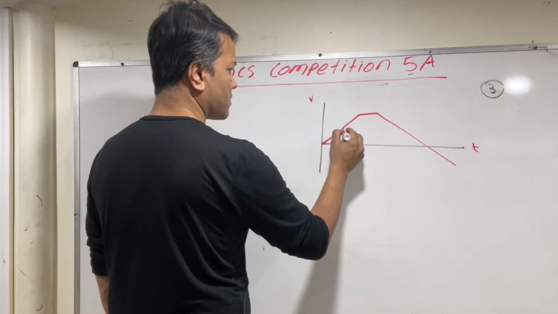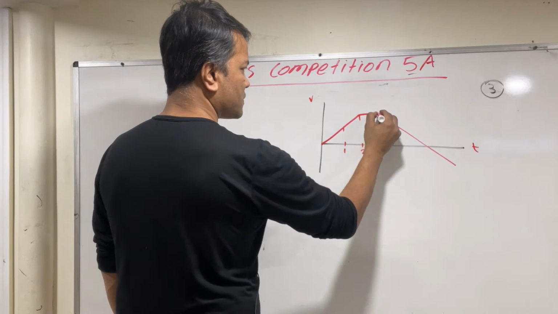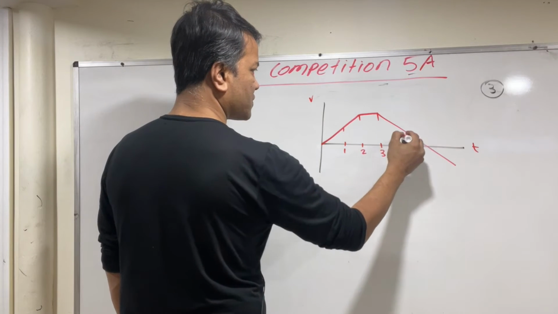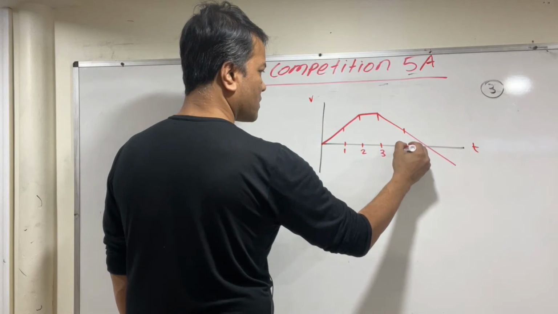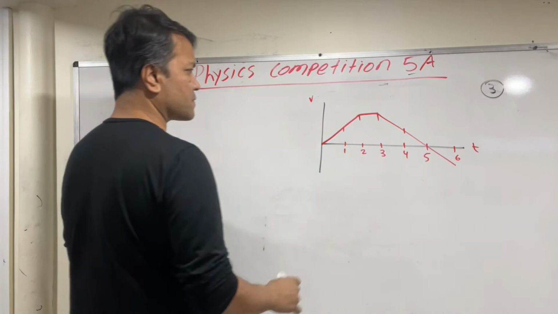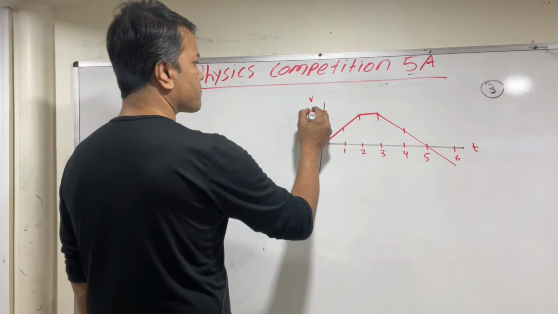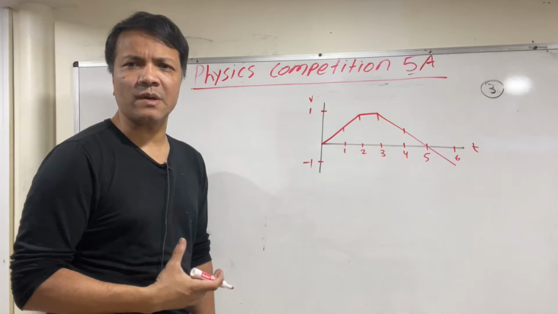So this one is 1, this one is 2, this one is 3. I'm not drawing it to scale. This one is 4, this one is 5, and this one is 6. All right, more or less. Okay, so this one is 1, and this one is -1. Okay, so this is what you have now.